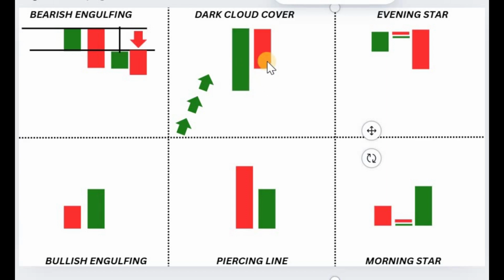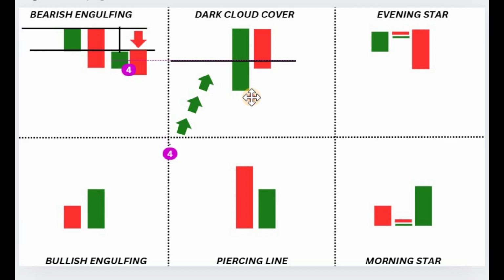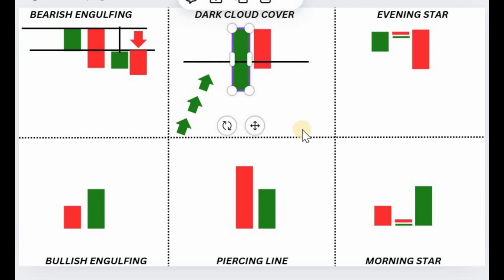I'll repeat, this candlestick should come down to cover at least the 50% of this previous candlestick. So now, where is the 50% of this candlestick? I'm going to make it here. It should be here. Now you see, this is the 50% of this candlestick pattern, right?